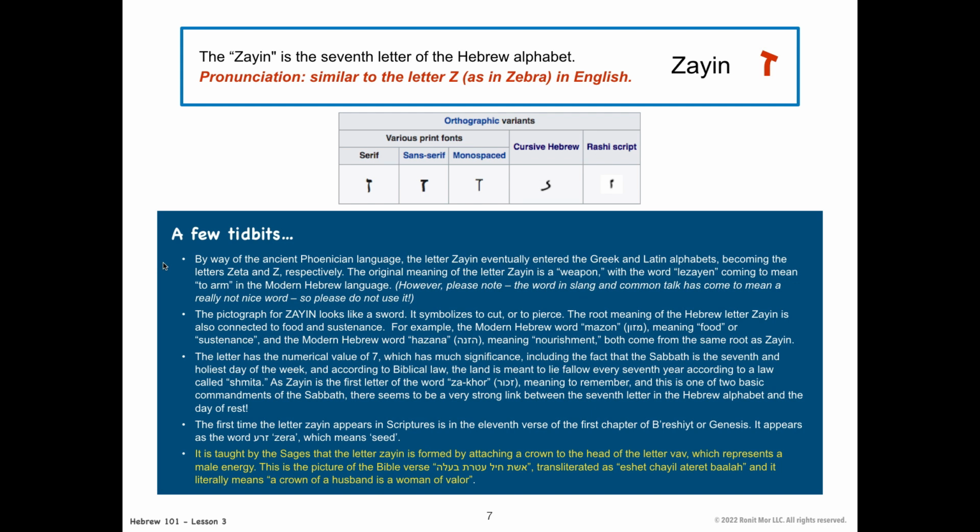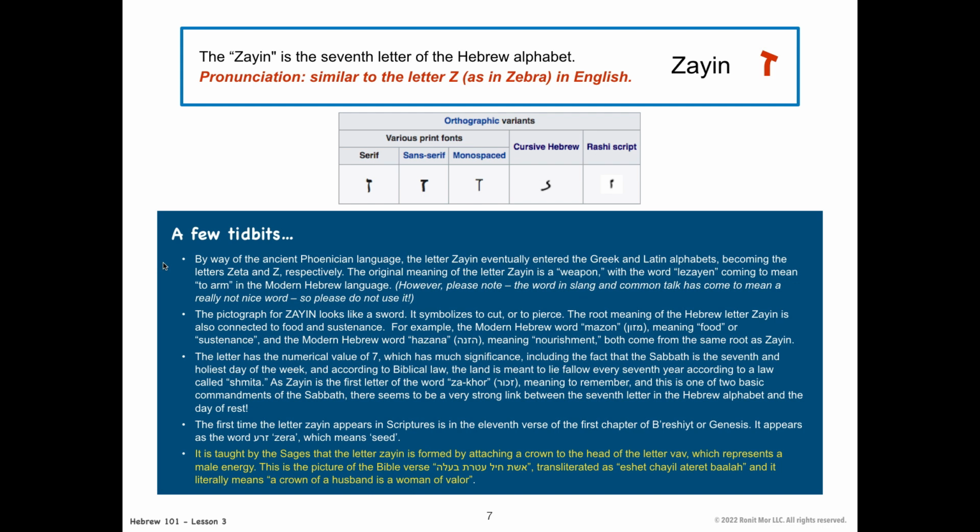However, please note, the word in slang and common talk has come to mean a really not nice word. So you have to be really careful when you speak with Israelis and you visit Israel one day. Be really careful when you pronounce the word Zayin, because it really doesn't mean something nice.